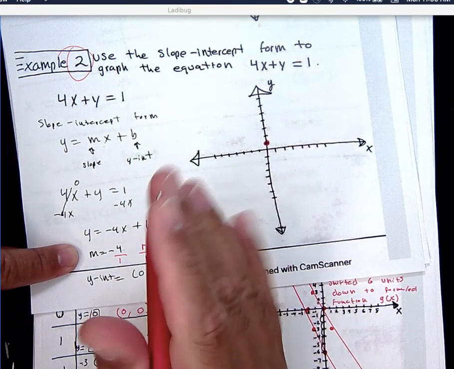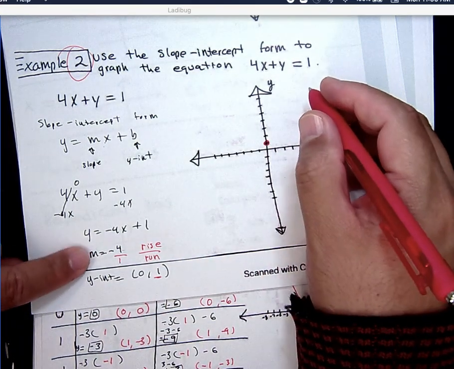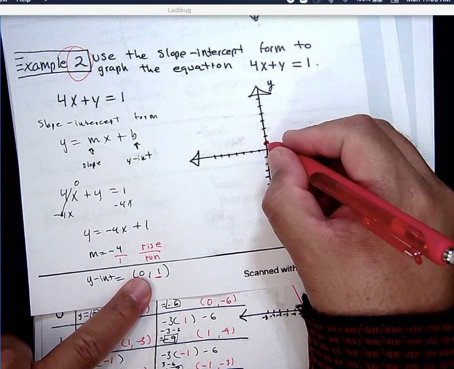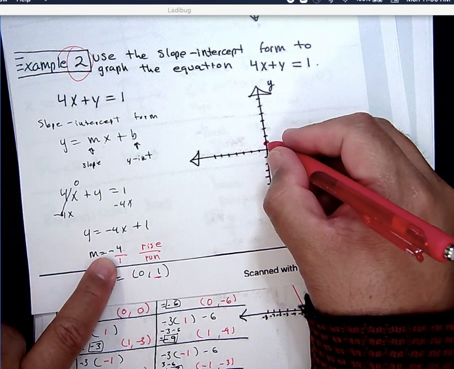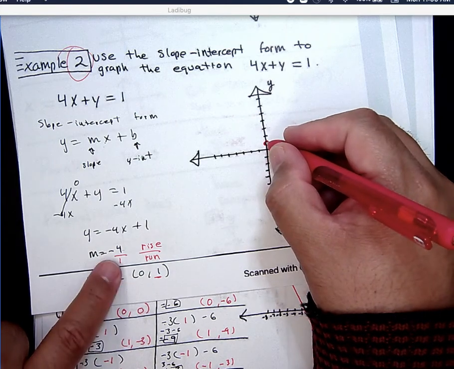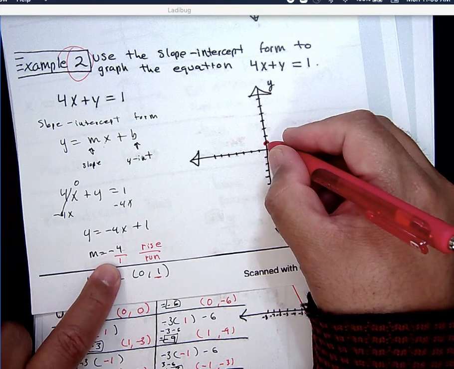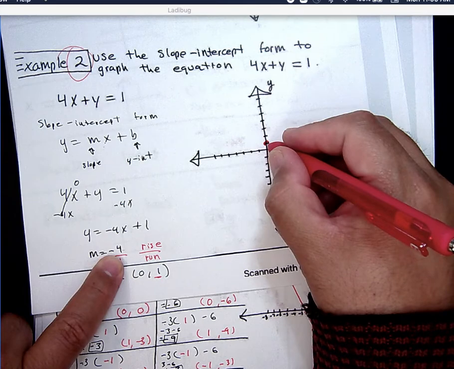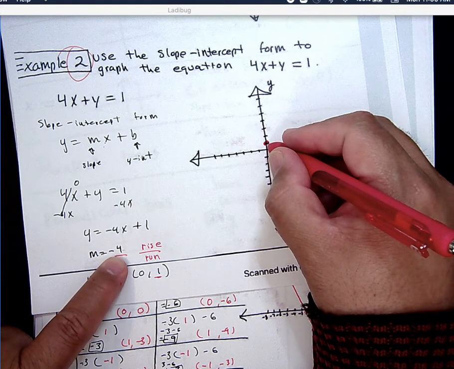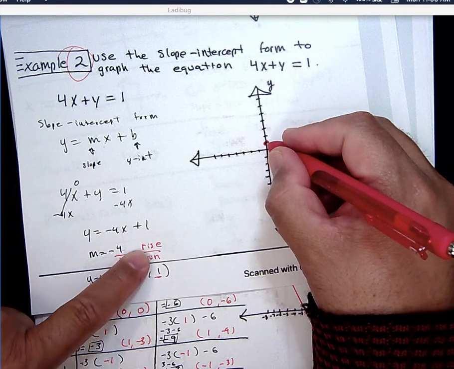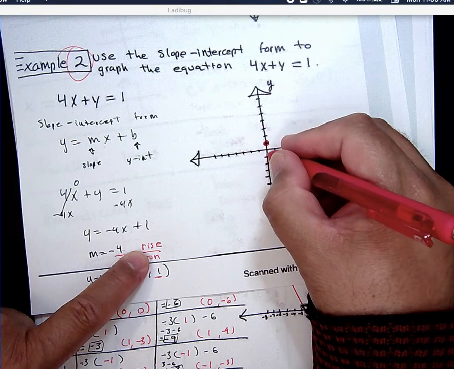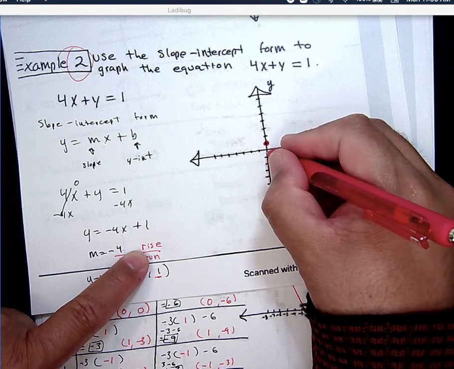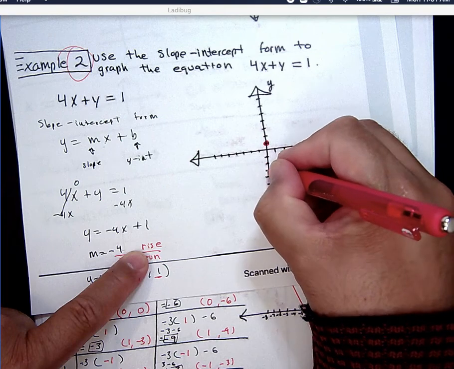Rise means up and down on the y. So starting from that point, you can use that slope to find the other points. So what's happening here? We're going down 4 units, negative 4. That's a rise. Instead of rising, we're going down. So we're going down 1, 2, 3, 4.